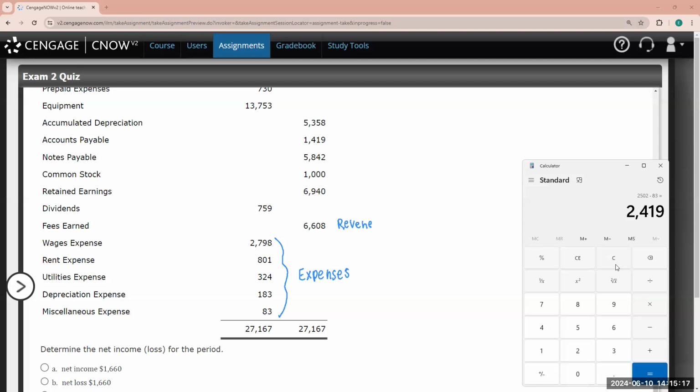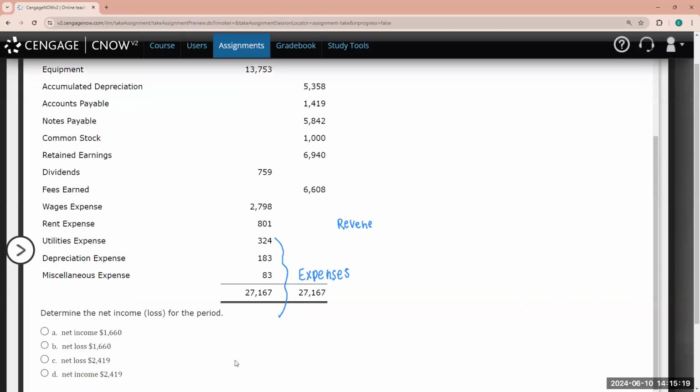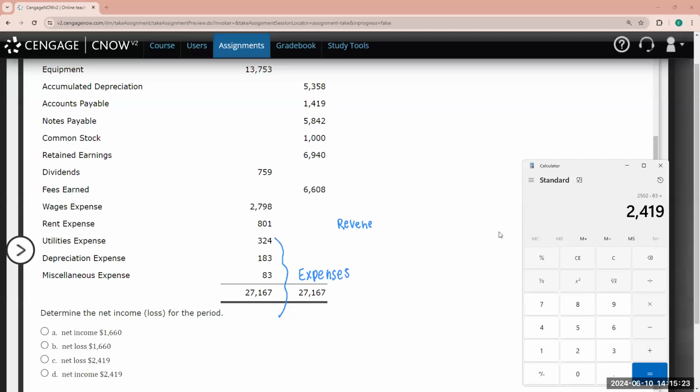So that leaves us with a net income of $2,419. All right, so if we do it again, 2,798, which represents our wages expense, 801 for rent expense, $324 for utilities expense, 183 for depreciation expense, and $83 for our miscellaneous expense.